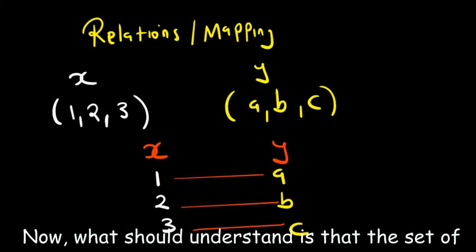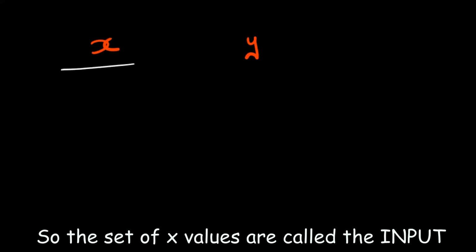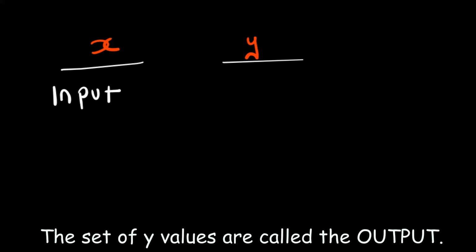Now, what we should understand is that the set of those x values and the y values have different names. So the set of x values is called the input. The set of y values is called the output.